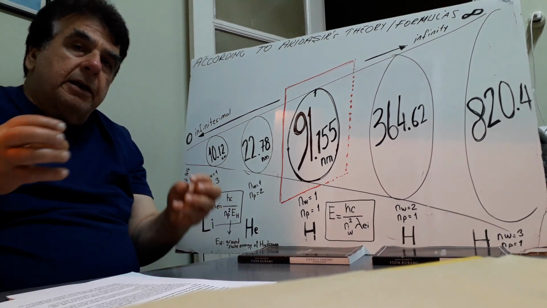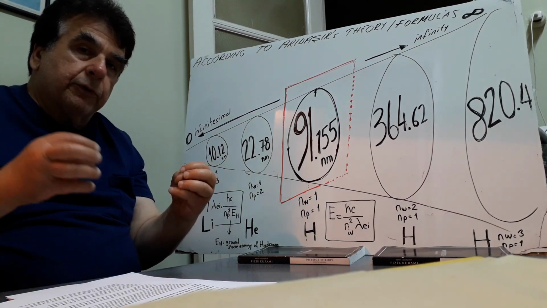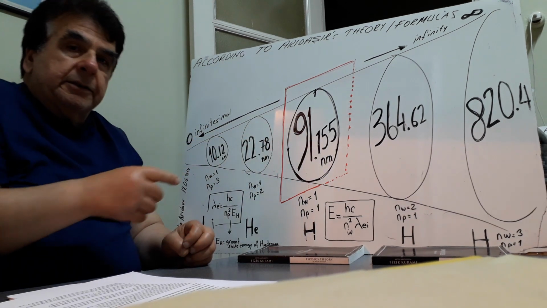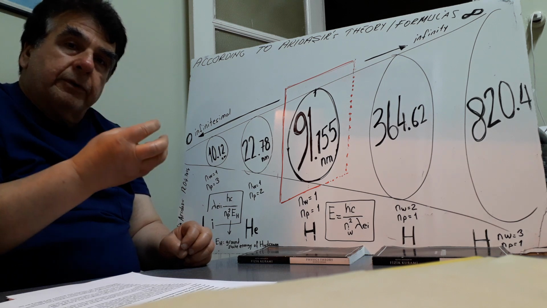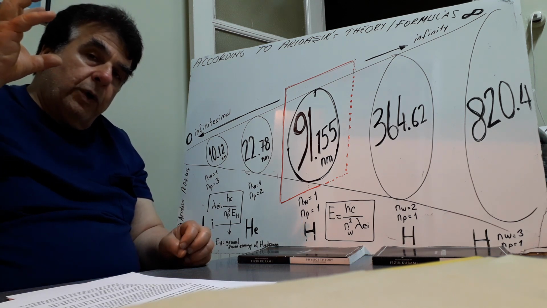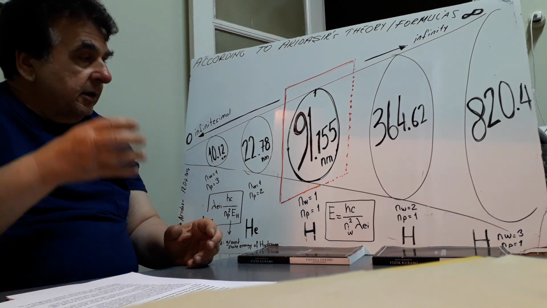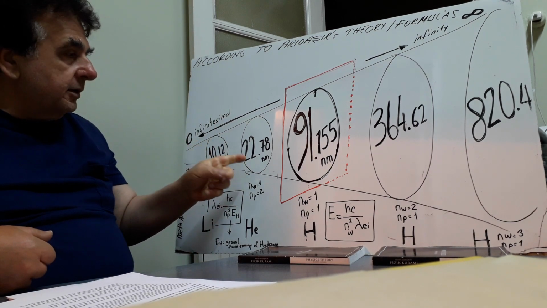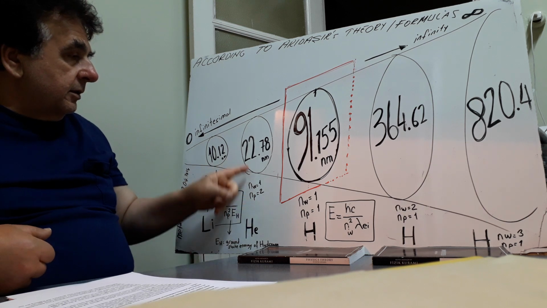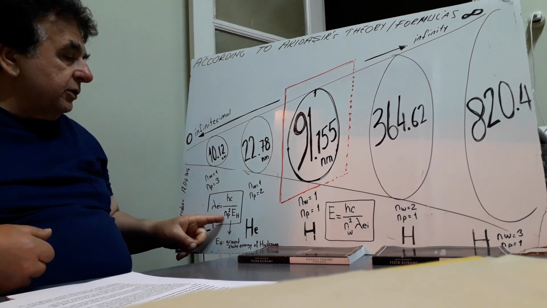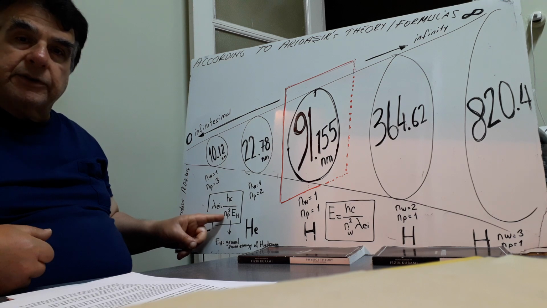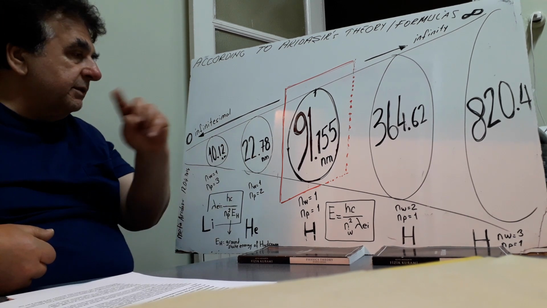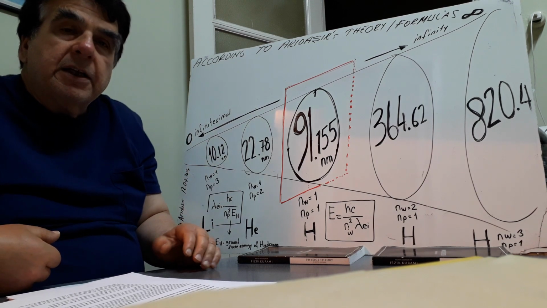When we add this one proton, another proton, and second electron, last electron shrinks immediately at the rate of proton number square to what? 22.78 nanometer.